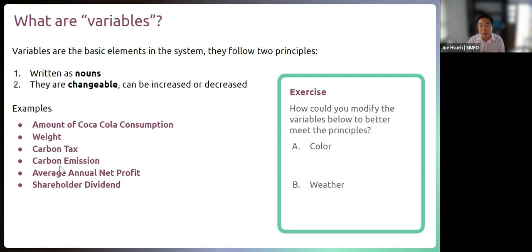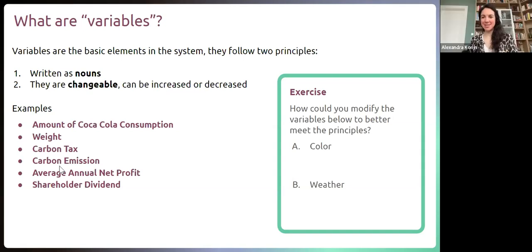Can you help me make these 2 terms, make color a little bit more precise as a variable? Does anybody have an idea? What about color do you want to name as a variable? How about specific colors like red or green or blue?